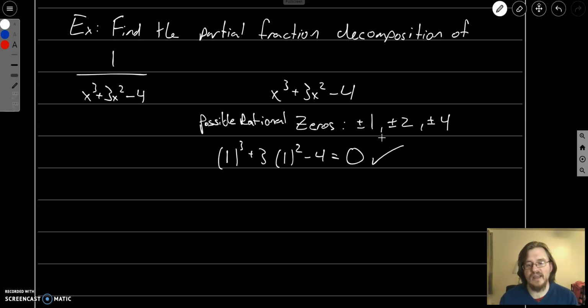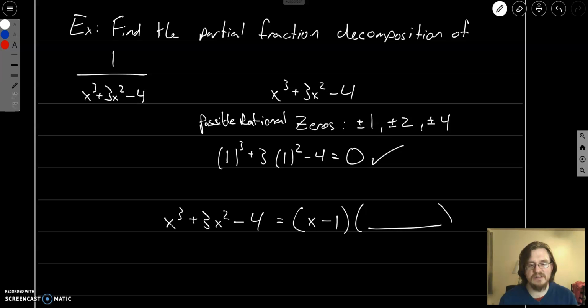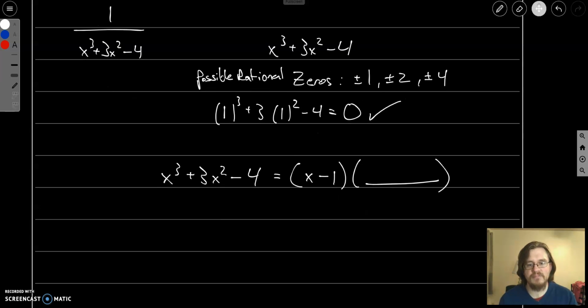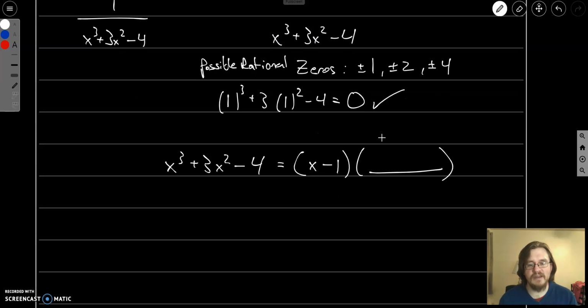We got lucky, and first try we found a rational 0. So that means that x cubed plus 3x squared minus 4 is going to have a factor of x minus 1. Here 1 is the 0, so x minus 1 is going to be a factor of this, and it's going to be times something. So once I factor this out, I'm going to be left with something else.